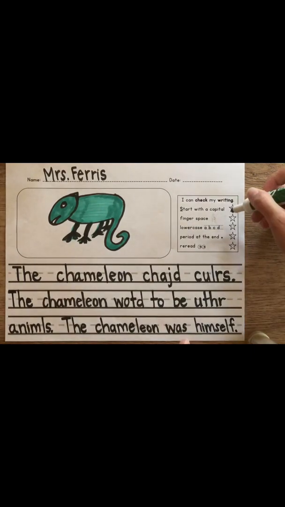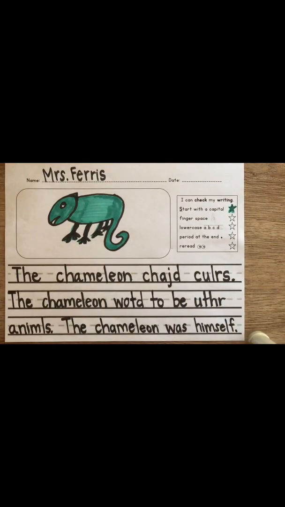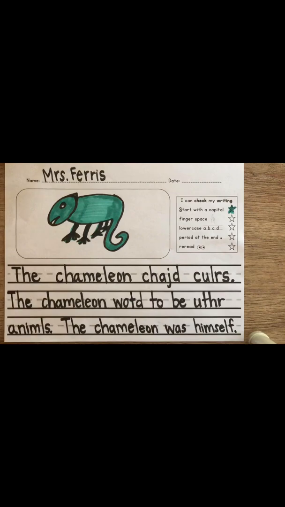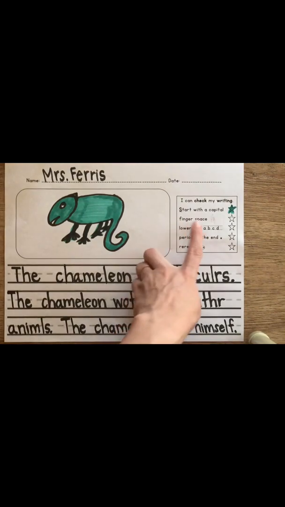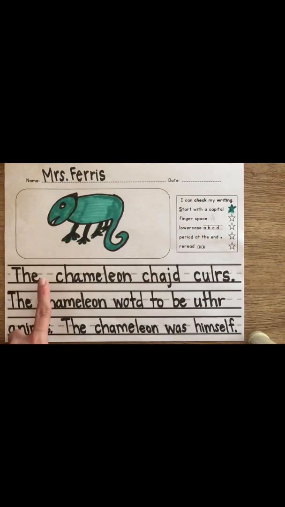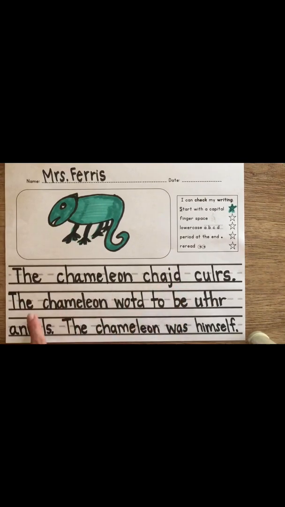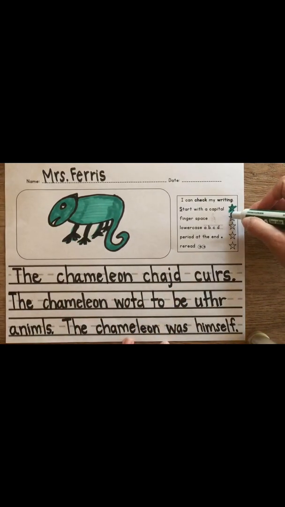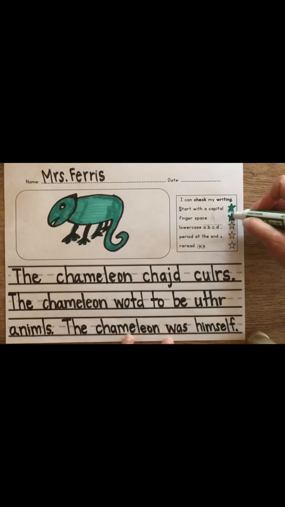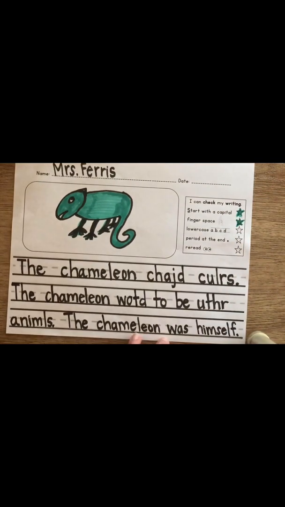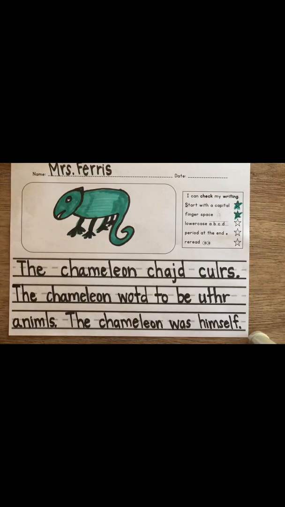So I can go in and color this in because I checked it. I can't just color this in right here until I check it. Did I do finger spaces? It looks like I did. I made sure to do finger spaces after every single word. So again, I'm gonna color it in. And let's see what my next one is.